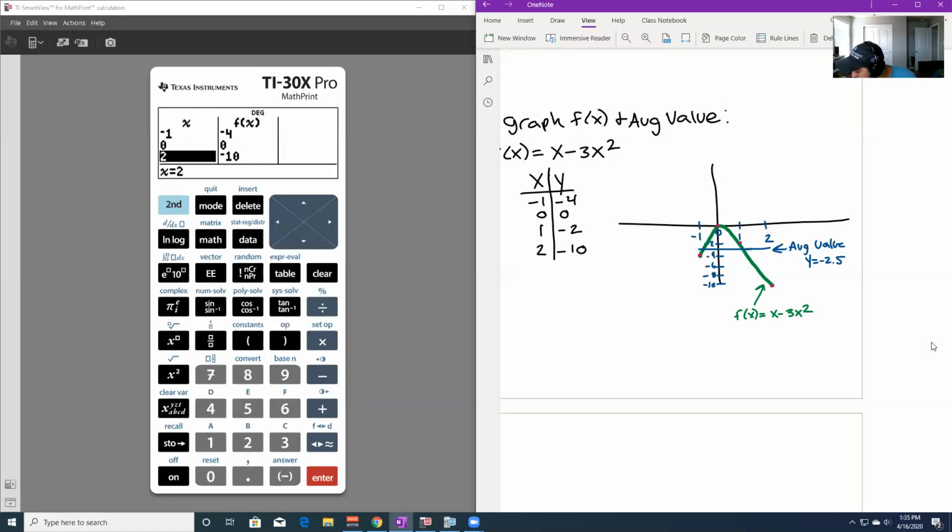What do I have? 4 plus 2 plus 10 plus 0 divided by 4. Oh, we could do more y values. Okay, you get negative 2.5. Okay, so there's the average value. Okay, done. Let's do more.